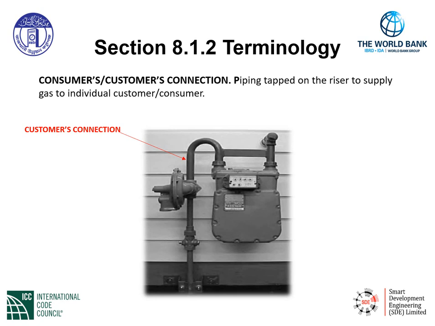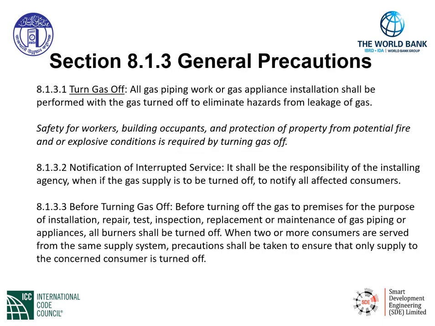The graphic shows that the customer's connection, of course, is at the outlet of the service regulator. And this is where we have the demarcation for the beginning of the system that is regulated by this code. Very important definition here.